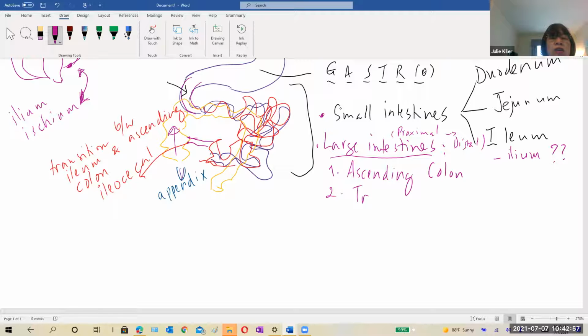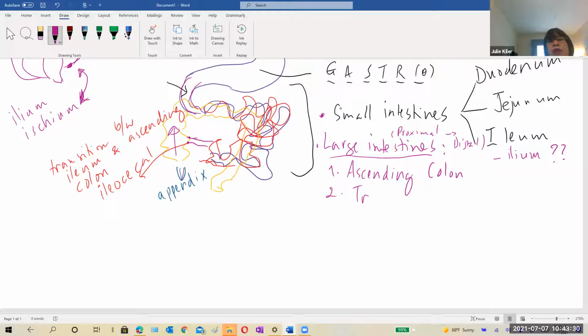So ascending colon, right? All of that food in the small intestine is being absorbed into the bloodstream. There's a lot of arcade there, bloodstream to start picking up the nutrients that we eat, and that is happening in the small intestine. And all the waste will go to the colon, the large intestines.